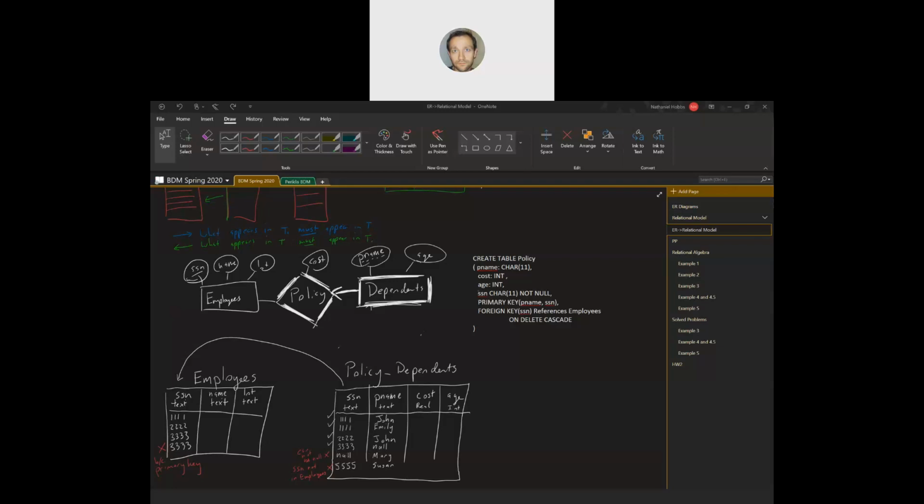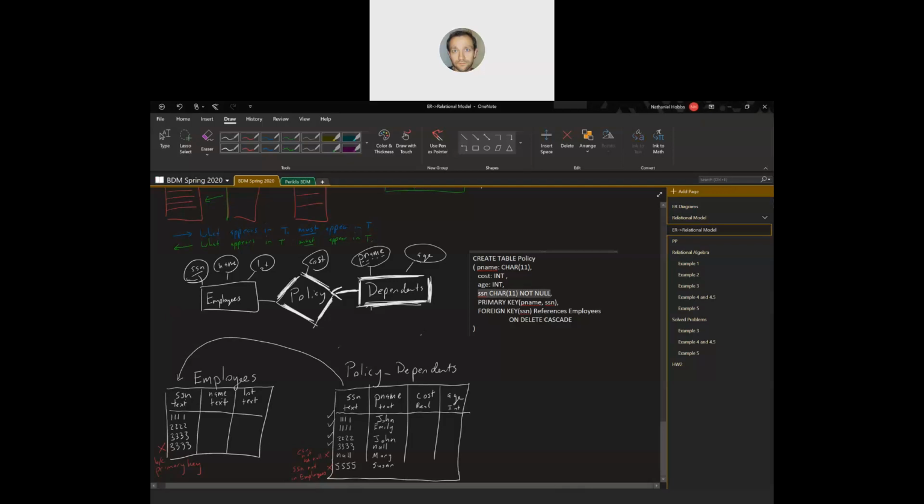That's captured here in this table by specifying that this is not null. The last one here, because this is a foreign key, this entry is also not allowed to exist in this table because 5555 doesn't appear in the employees table.